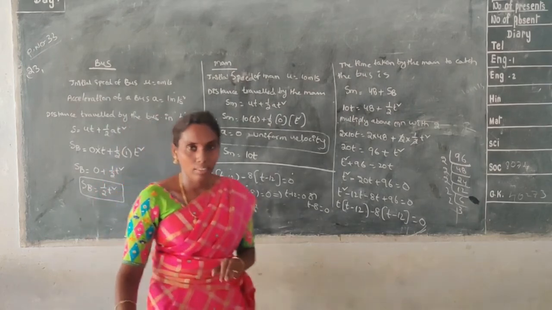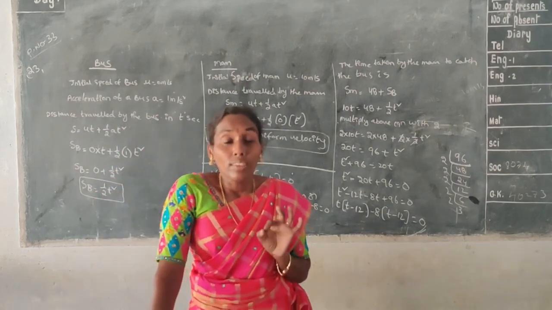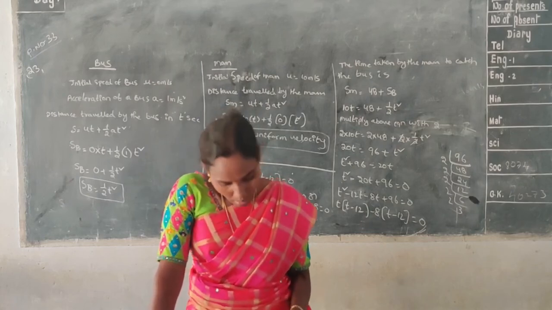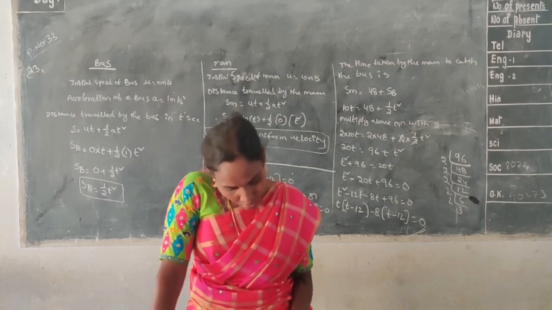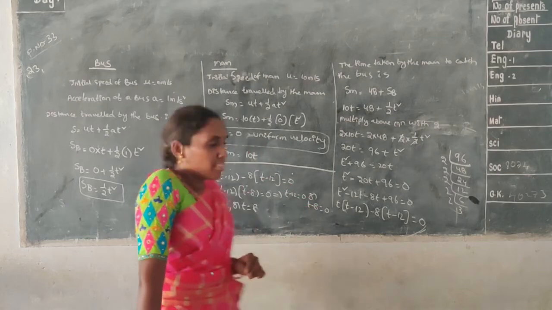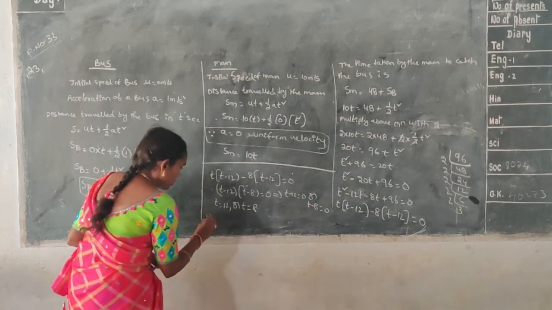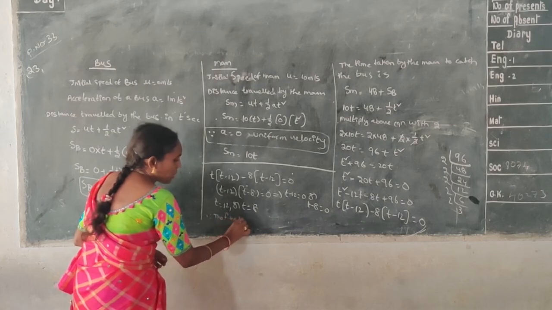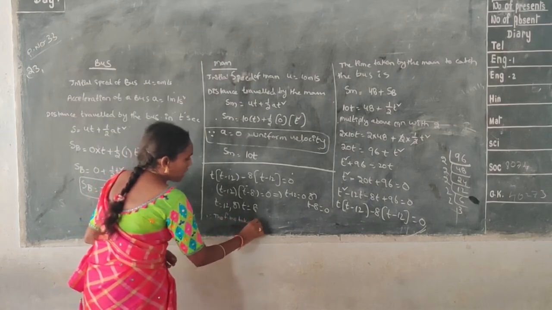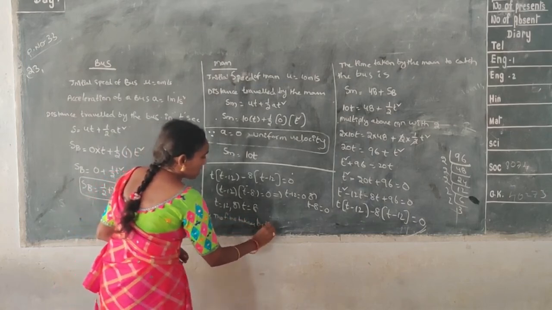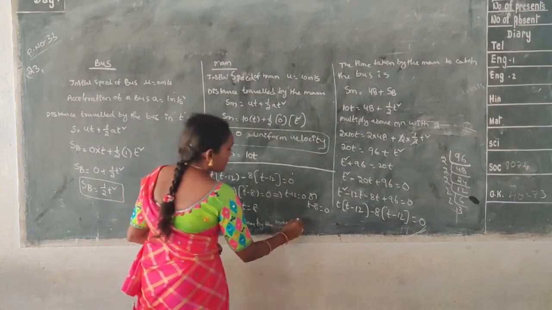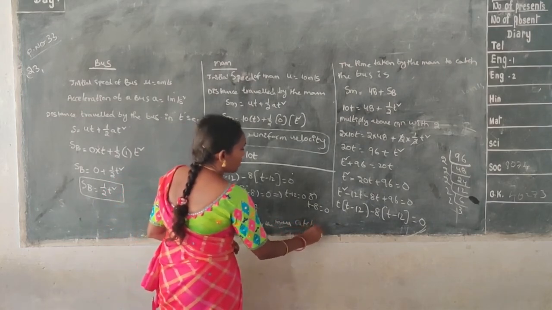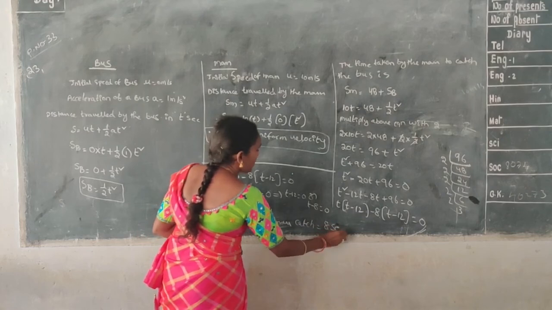What are they asking? They are asking what is the minimum time in which the man catches the bus. Therefore, the time taken by the man to catch the bus is 8 seconds.